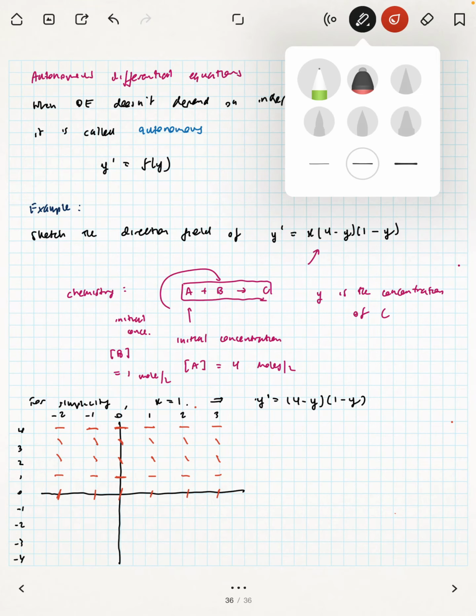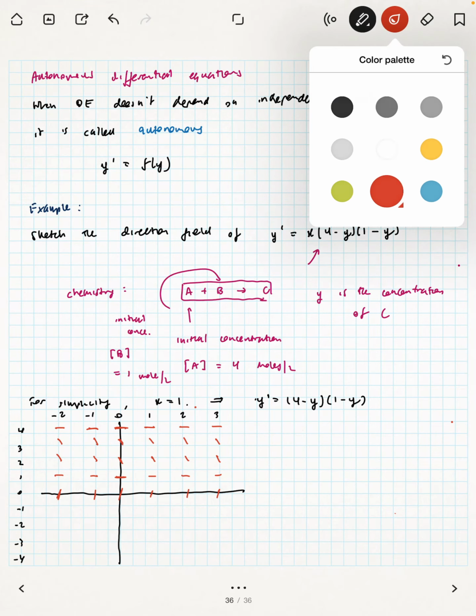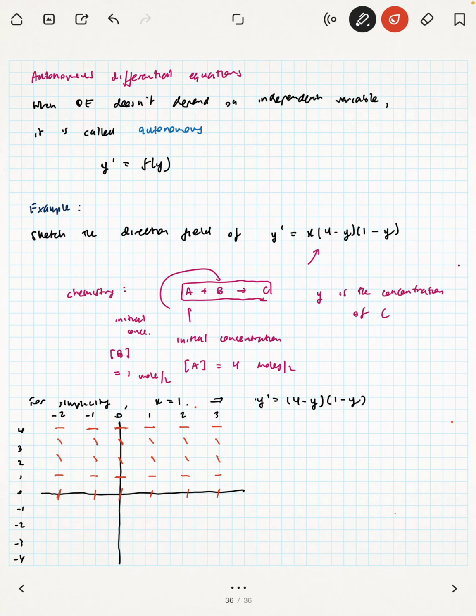So now as we get further away from the equilibrium curves, the y equals 1 and the y equals 4 lines, we're going to get something interesting. It'll just keep getting steeper. So y prime of -1 is going to give us 4 minus -1 is 5, times 1 minus -1 is 2.